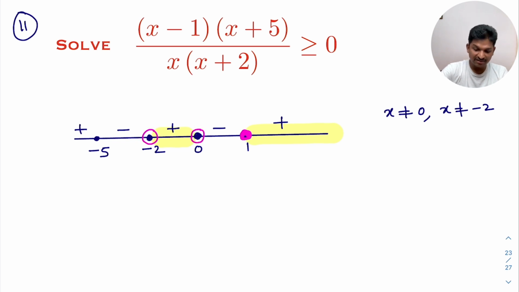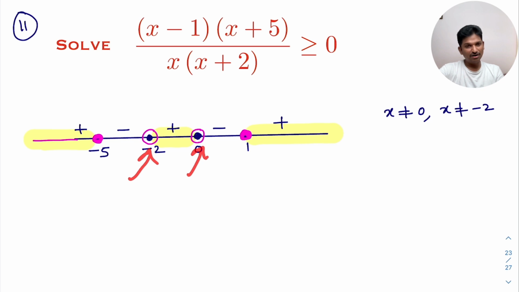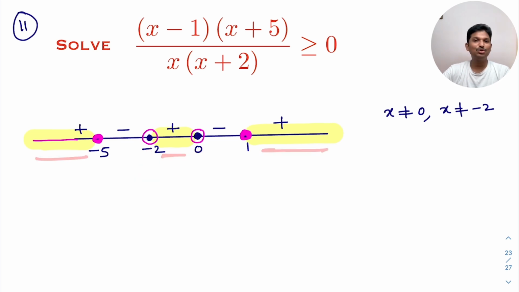The next plus sign is here. Now, is minus 5 included or not? Here greater than or equal to is there, so this minus 5 is included. You observe, open circles are not included, dark circles are included, and this yellow colored part is the solution.